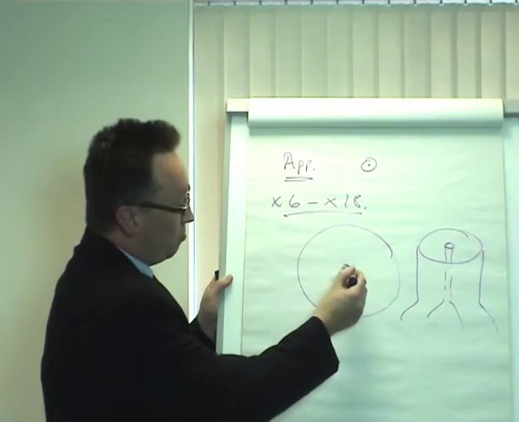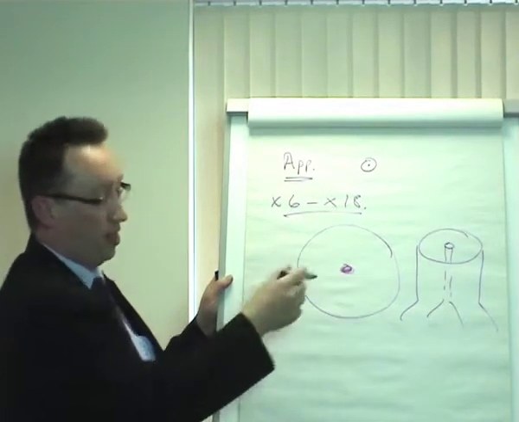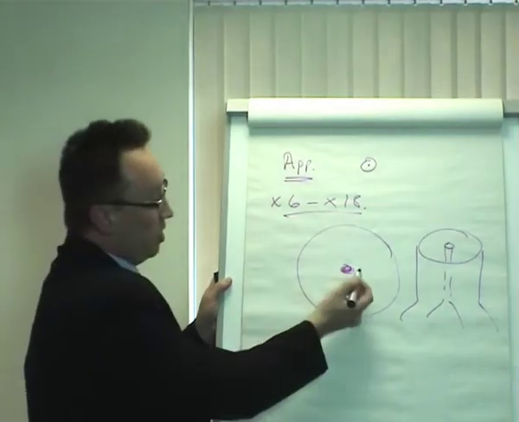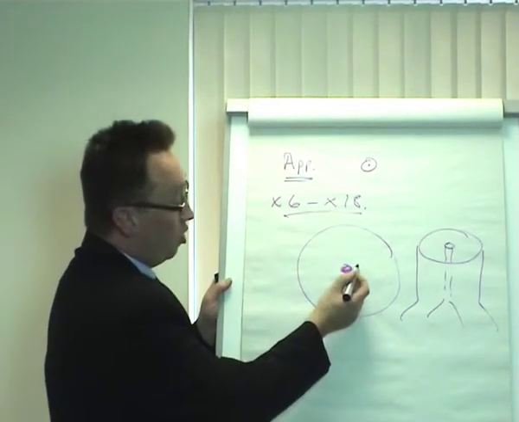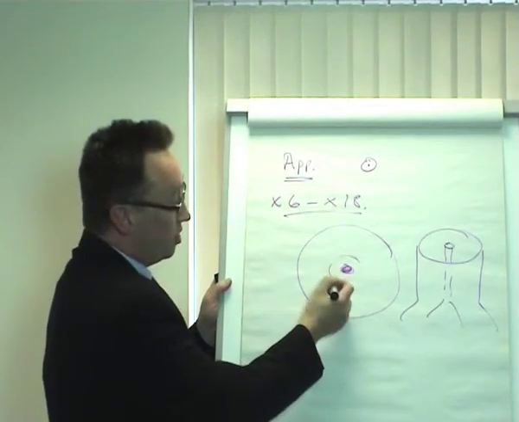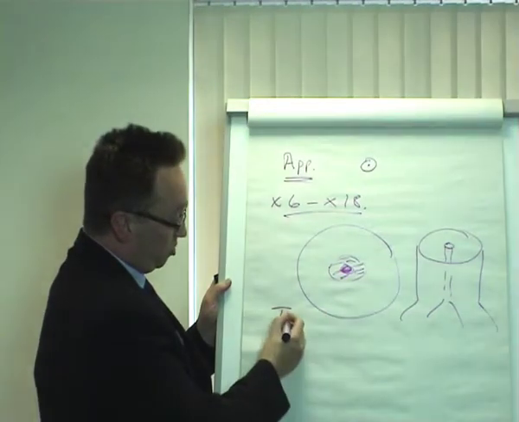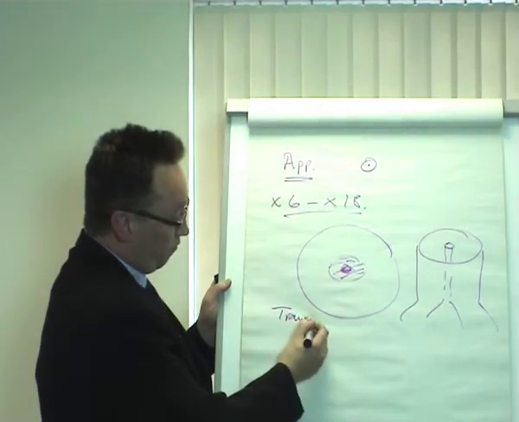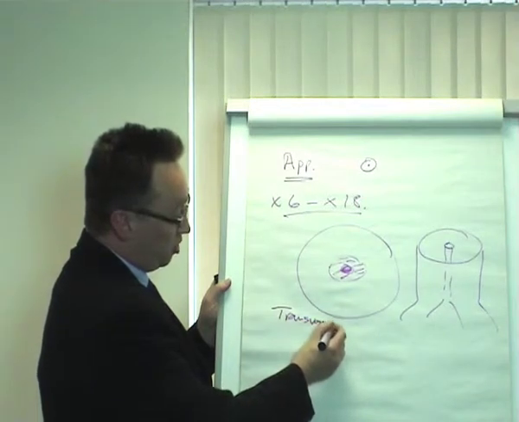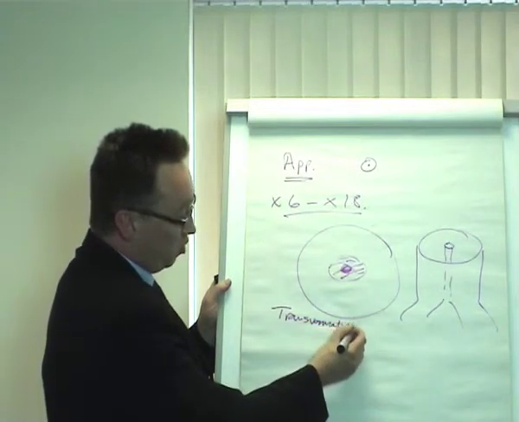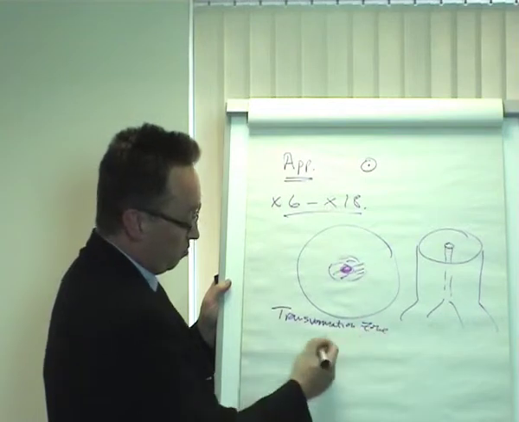when I'm doing a colposcopy, I'm looking at this because these abnormal cells always occur in this sort of area, which is called the transformation zone, or TZ.